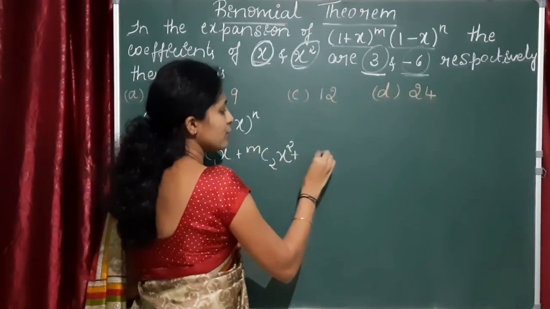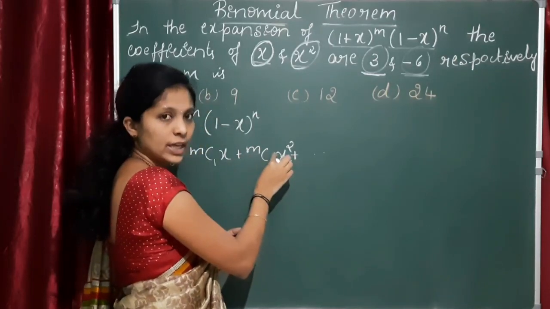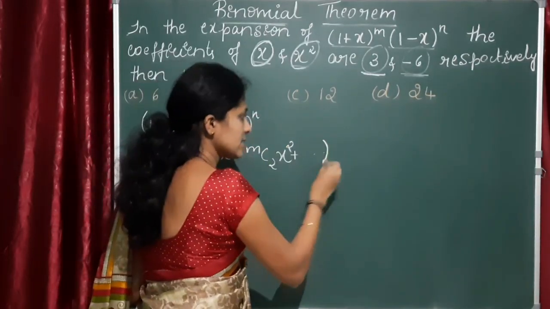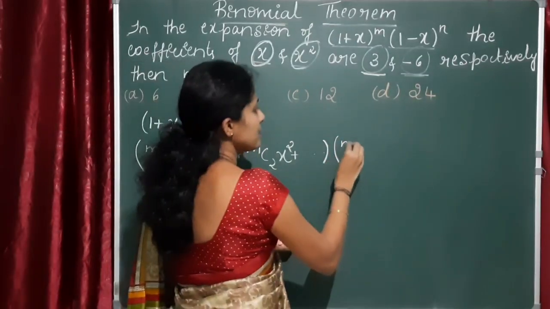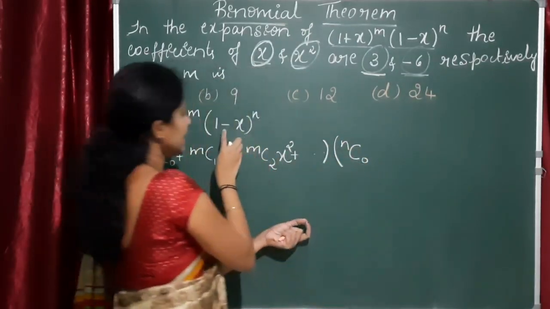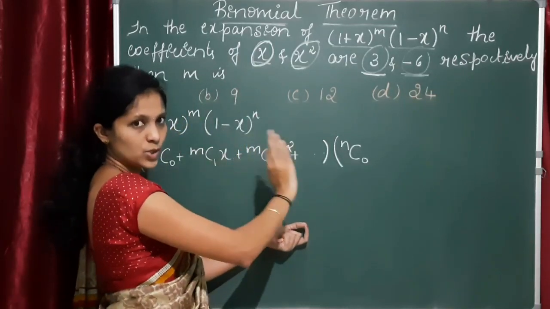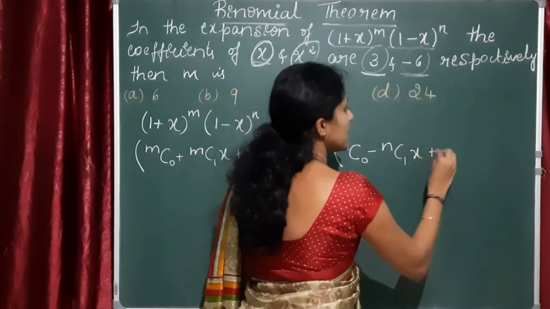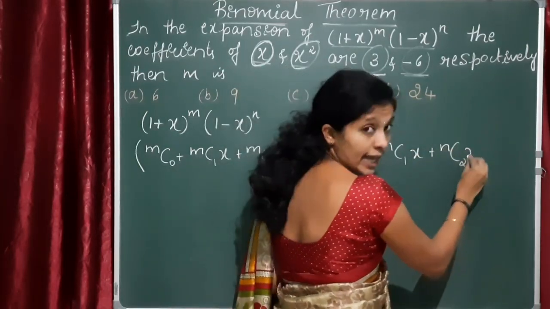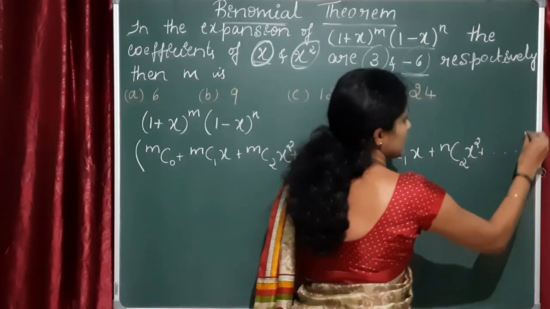Anyway, we need the coefficient of x and x square, so this is enough, into 1 minus x whole to the power n will be nc0. We know that a negative sign means alternately positive and negative. So it will be minus nc1 x plus nc2 x square plus like this.